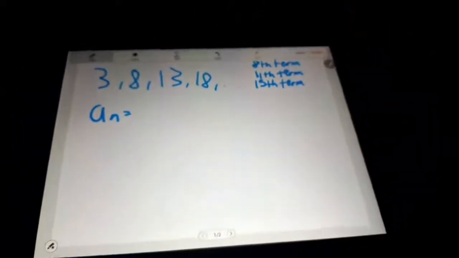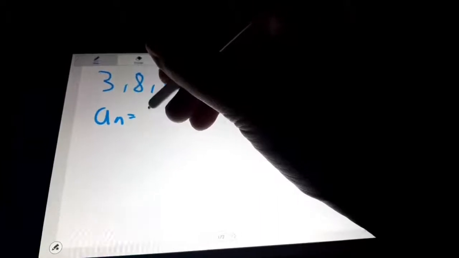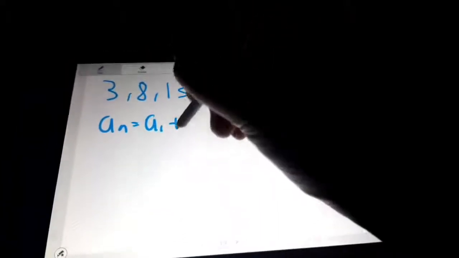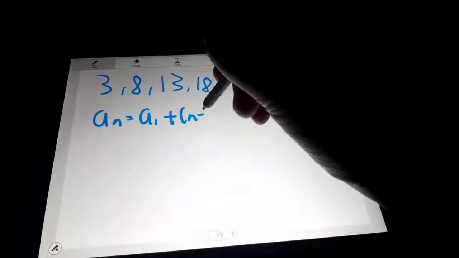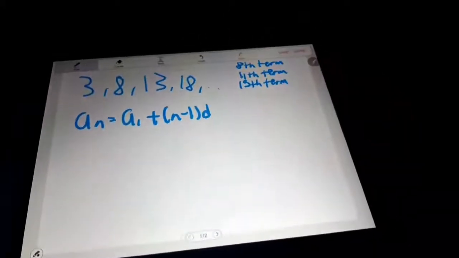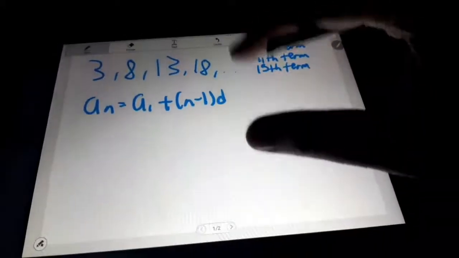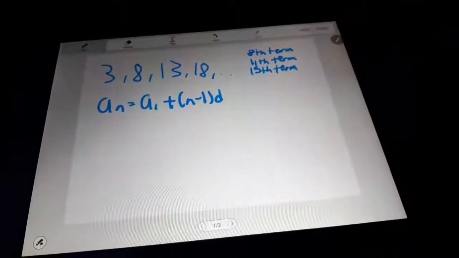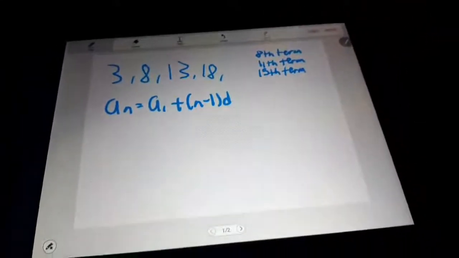So again, we'll use this, copy the formula. A sub n equals a sub 1 plus the parenthesis of n minus 1 times d. Ulitin ko po, before you do the terms, kailangan intindihin mo kung anong common difference nila. So, ang difference po, 8 minus 3 is 5.